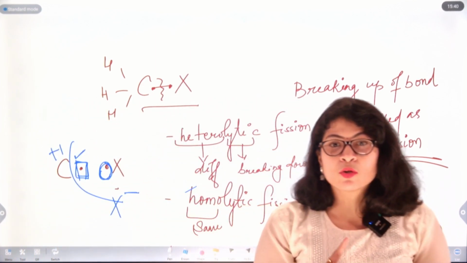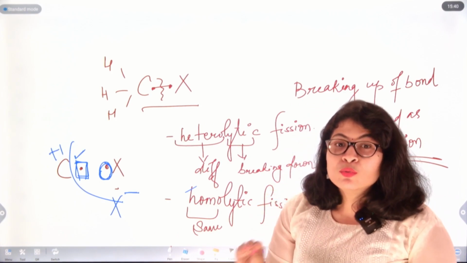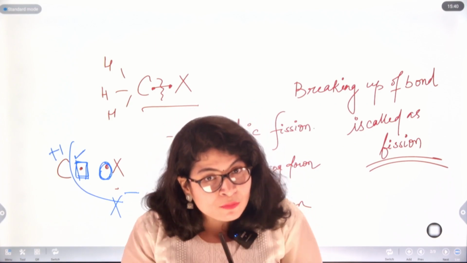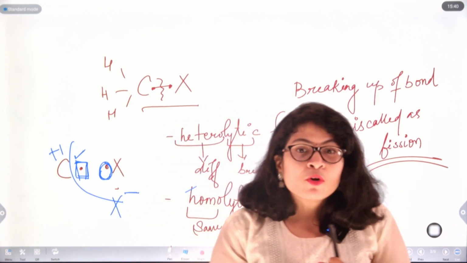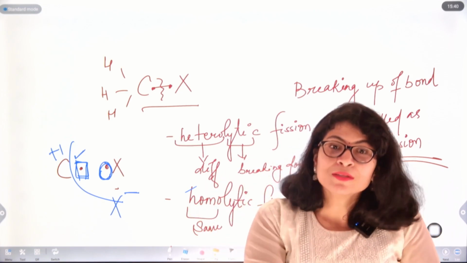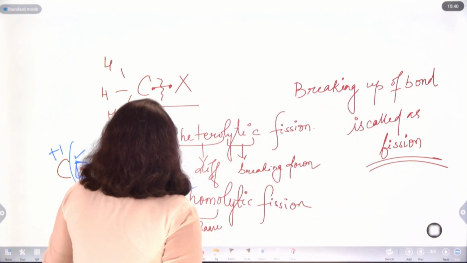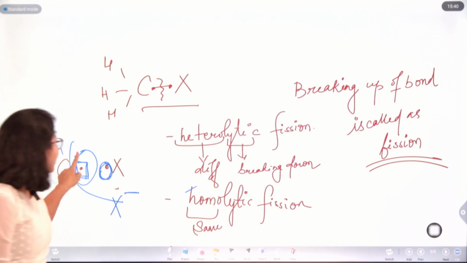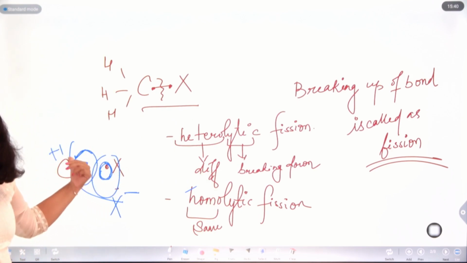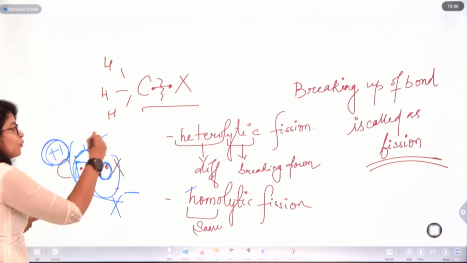Remember this concept: the charge which a particular atom gets after losing or gaining electrons belongs to the extra electron which the atom is gaining. For that it gets a negative charge, and if it is losing its own electron, then it gets a positive charge.